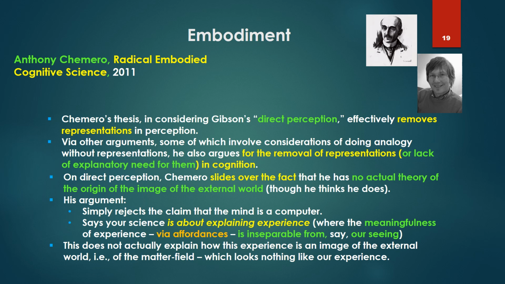His argument pretty much comes down to this. He simply rejects the claim that the mind is a computer, which is nice, but then says your science is about explaining experience. So you have to explain experience, where the meaningfulness of the experiences via those affordances is inseparable from, say, our seeing.